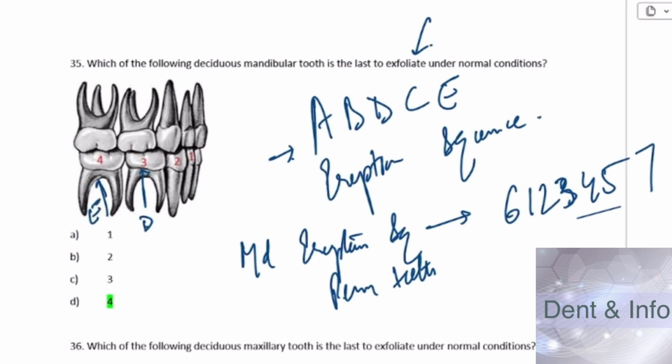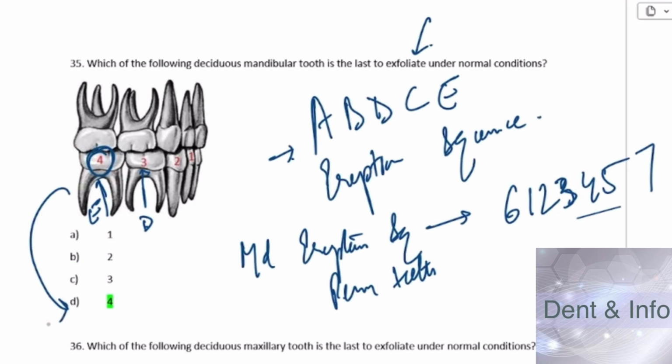So what do you think? Which tooth will be lost in the last? Because second premolar will erupt after the eruption of first premolar, so second molar will exfoliate after first molar. So it will be number 4 here. The answer will be E. E is going to be lost in the last.